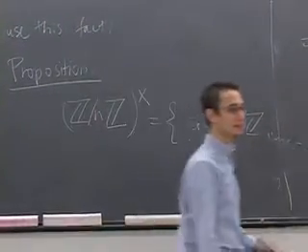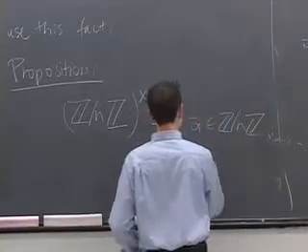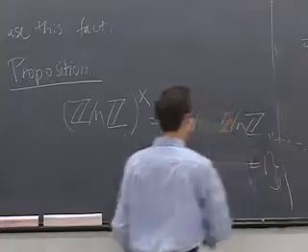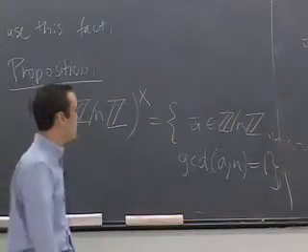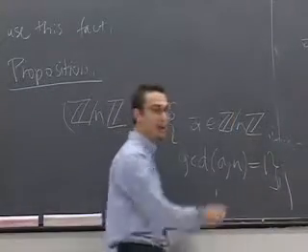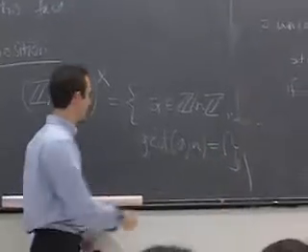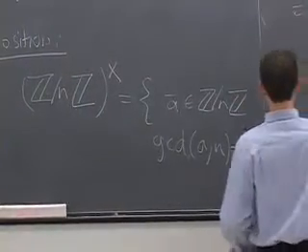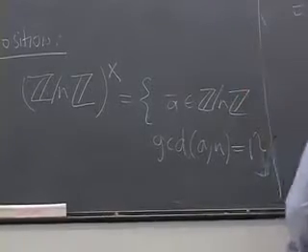Exactly. The gcd of a and n is 1. Or to use a more abbreviated terminology, a and n are relatively prime. So this is very easy to prove now that we've established these basic arithmetic facts about the subgroups of Z.